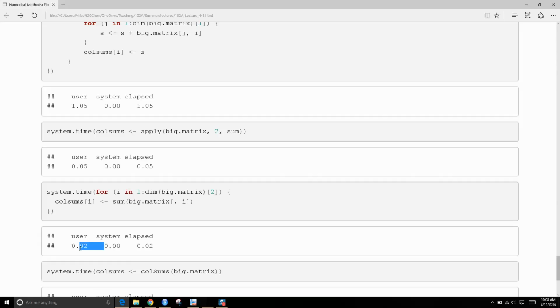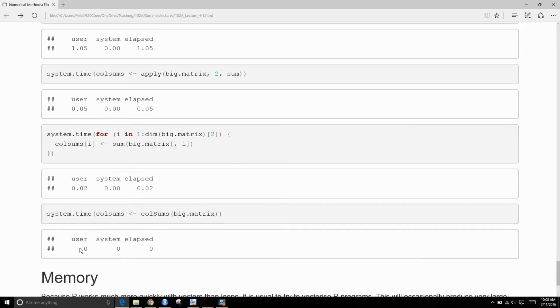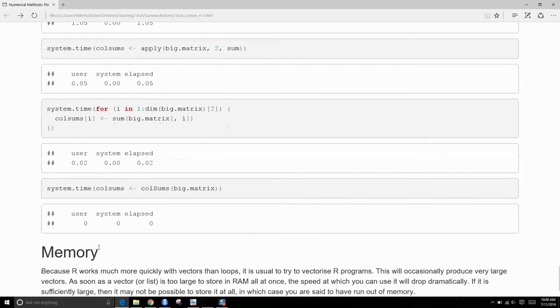It takes even less time. And then lastly, there is something just called colSums, and this is a vectorized operation of adding up the column sums, and R can't even. It says it takes 0 time. No, that's not true. It took a finite amount of time, but it's a very small amount of time.